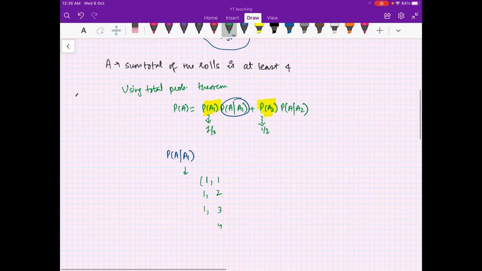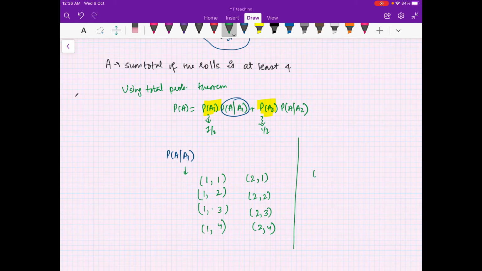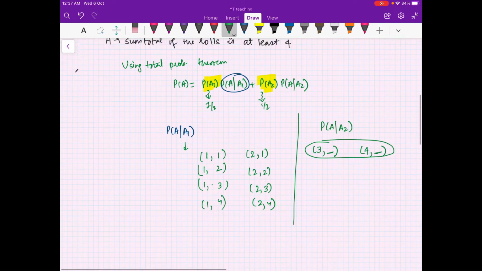These are your possible outcomes. If you get 2 also, then you roll again, with the same possible outcomes. If you get 3, you don't roll, and if you get 4, you don't roll. This is event A2, and this is event A1.